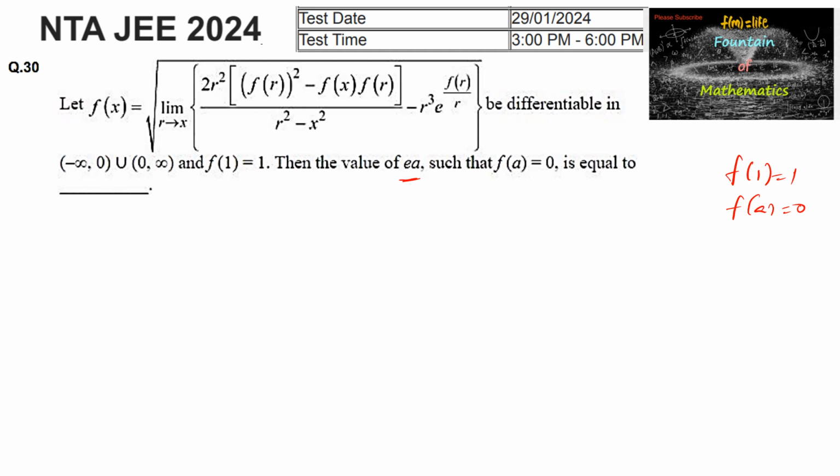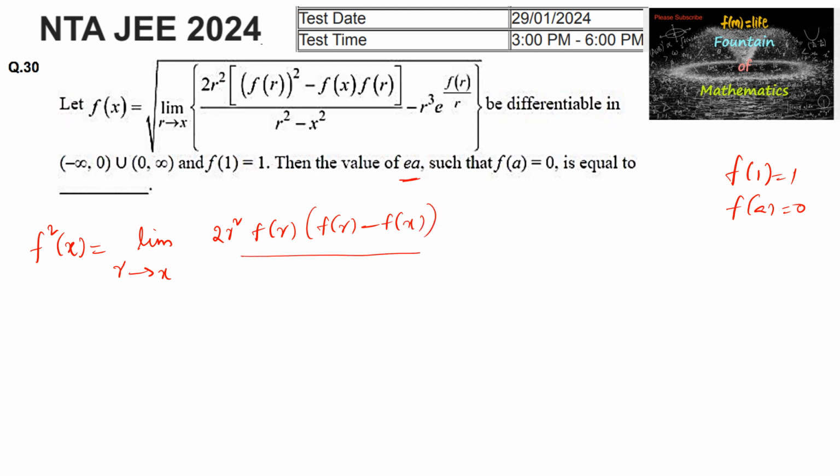We need to find the value of e into a such that f of a is equal to 0. So given f of x, we can write f square of x is equal to limit r tends to x 2r square of f of r whole square, we can take f of r common, and then we can write f of r minus f of x divided by r square minus x square, minus r power 3 into e power f of r divided by r.